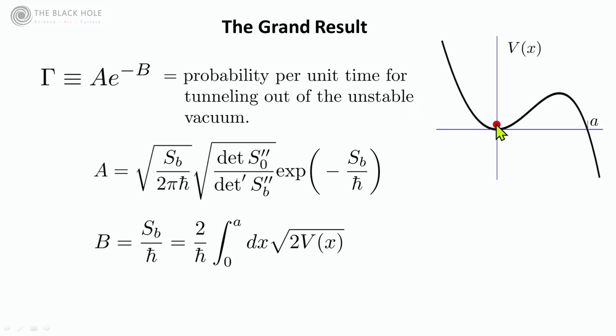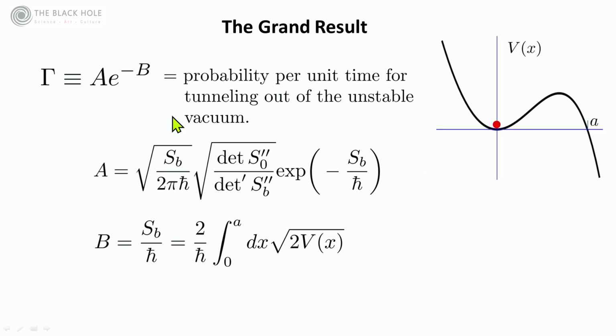So the probability that this particle over here will eventually disappear by going over the hill. And so this could be an alpha particle escaping a nucleus. It could be the, well, yes, at the moment that's all we can say. But then later on, this could be the universe escaping its original state.